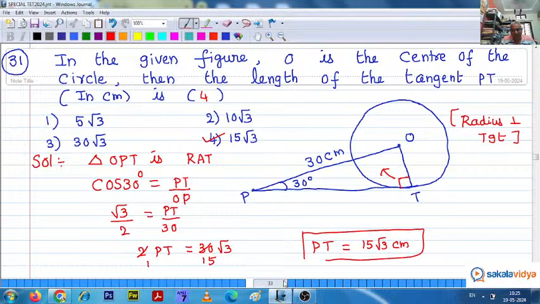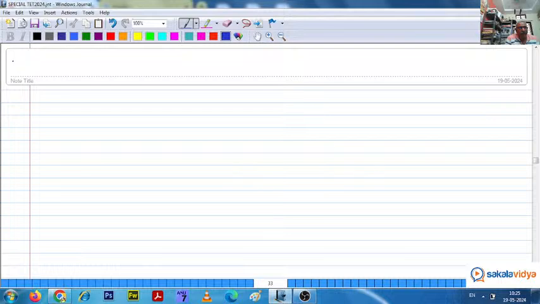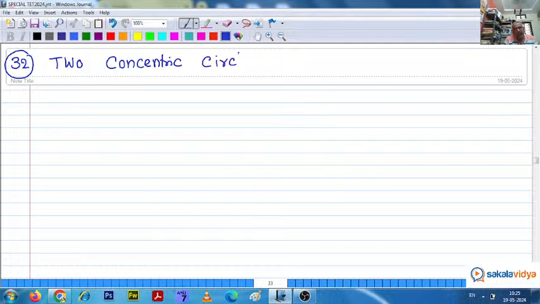Next, the 32nd question. Two concentric circles are of radii, plural for radius, 13 centimeters and 5 centimeters.